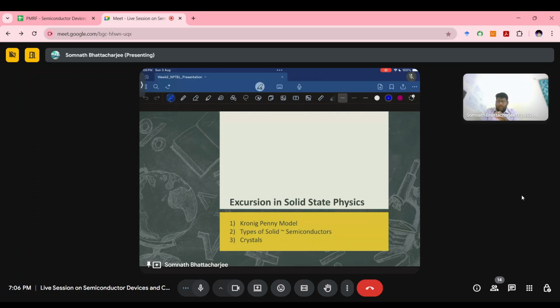If we break the total course into three major parts, those were the Kronig-Penney model, different types of solids like semiconductors and metals, and finally some basic information about crystals. So we'll start with a basic recap of this week, and then move towards some problem solving.